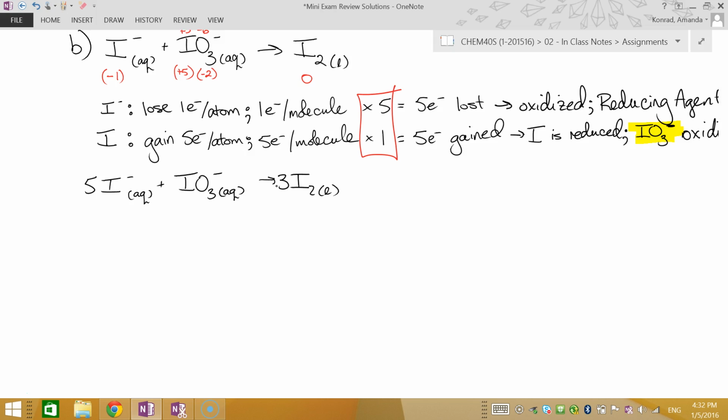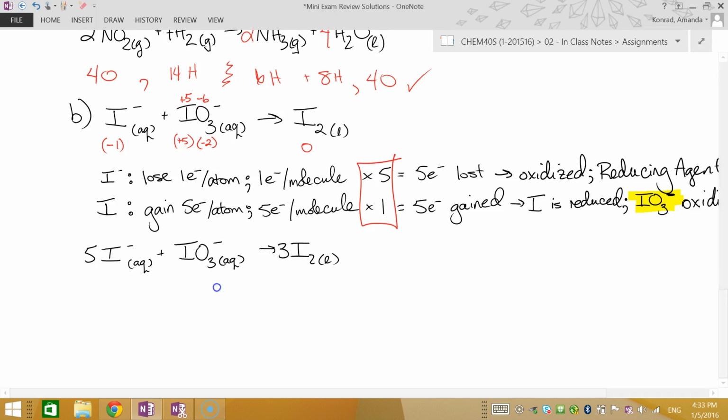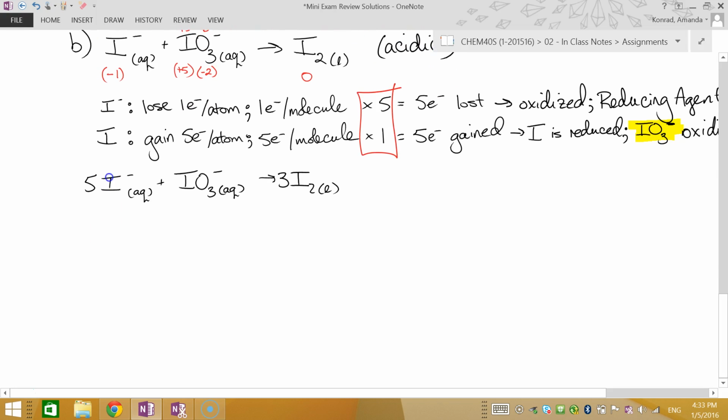My iodines are balanced, but I have this set of oxygen on the reactant side that I do not have on my product. So now this is where the acidic solution, that I forgot to acknowledge when I originally wrote the question, comes into play. Now I need to check the charges on both sides. On my reactant side, my total charges are 5 times negative 1 plus 1 times negative 1.